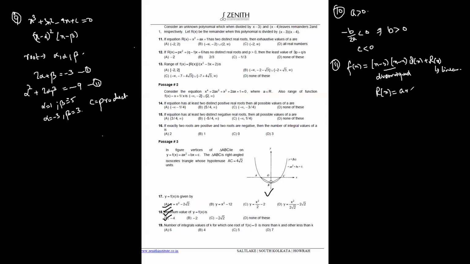It is linear. So take r(x) as ax plus b, and apply the remainder theorem: if the remainder when divided by x minus 3 is 2, then f(3), which is 3a plus b, must be equal to 2, and f(4), which is 4a plus b, must be equal to 2, and the third condition must be equal to 1. Now solve and get the values of a and b. So how much would a be?